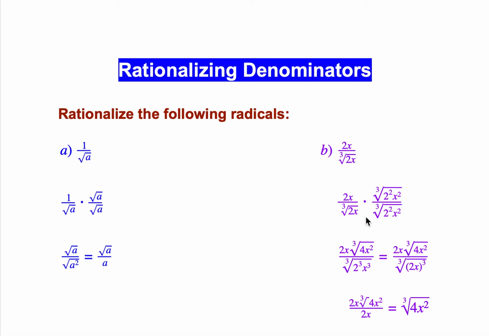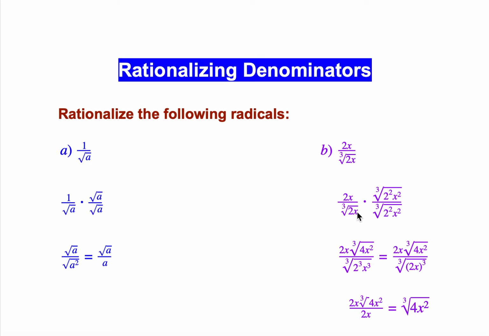For example, to make 2 cubed and x cubed, we multiply 2 by 2 squared, and it's going to be 2 cubed. So 2 squared times 2 is 2 cubed. And then x squared times x is going to be x cubed.